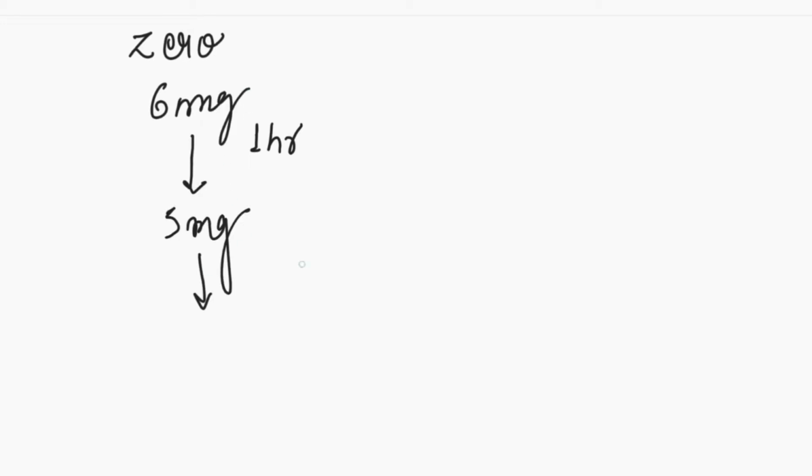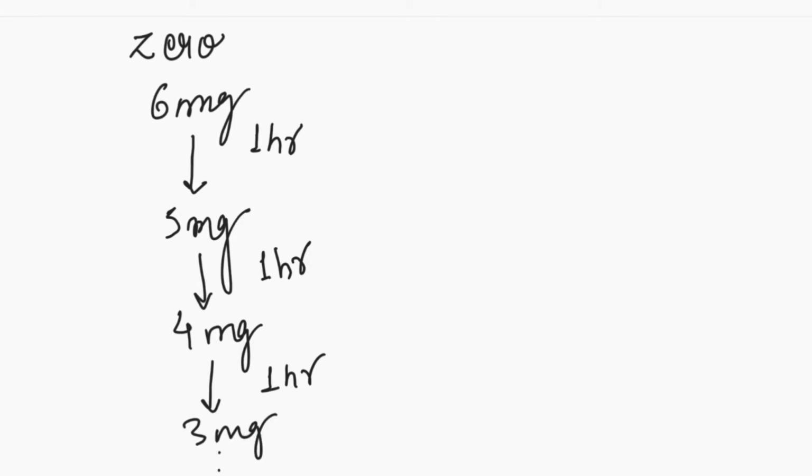Let us write them down again to better understand and remember them. Starting with the zero order kinetics. In the first hour, the drug reduces from 6 milligrams to 5 milligrams, from 5 milligrams to 4 milligrams in the second hour, and from 4 milligrams to 3 milligrams in the third hour, and so on.